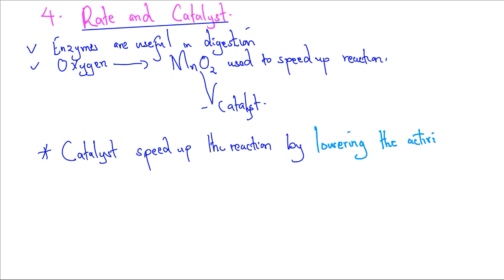That is the point. Catalysts lower the activation energy. This means that more collisions will result in the reaction, and that is why they speed up the rate of reaction. This concept is of great importance in industrial and biological processes.